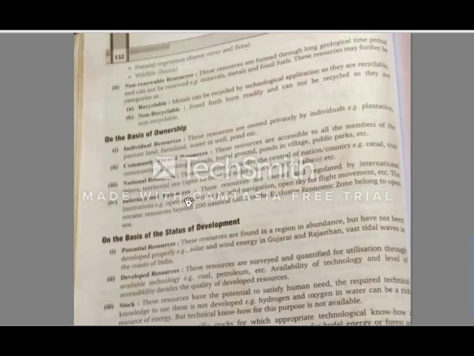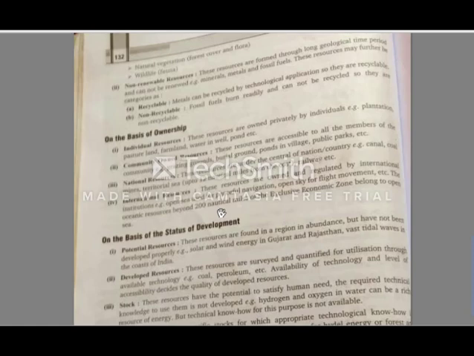International resources means these resources are owned and regulated by international institutions, that is open sea used for peaceful navigation, open sky for flight movement, etc. The oceanic resources beyond 200 nautical miles of the exclusive economic zone belong to the open sea, where all countries can use the open place.